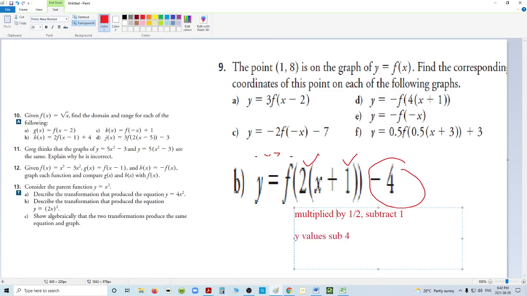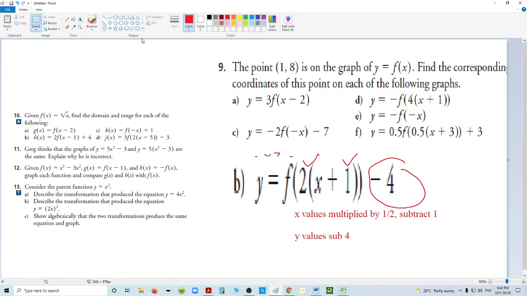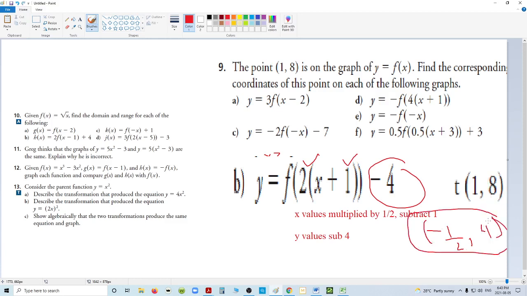So I'll put x values here. Lovely. There we go. So if I take the original point of (1, 8) and I multiply it by 1/2, I get 1/2, and then I subtract 1, I get -1/2 is my new x value. If I take 8 and I subtract 4, I get 4. So there you go. That's the new point.